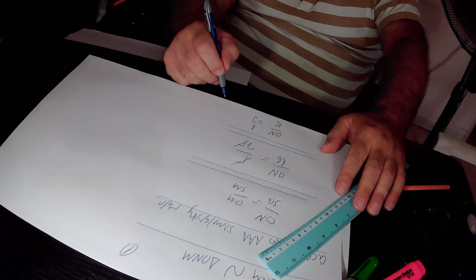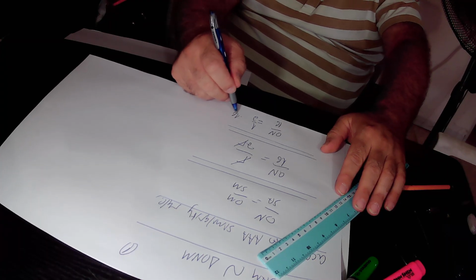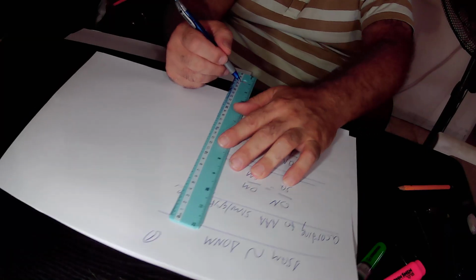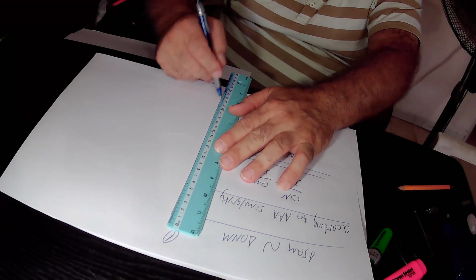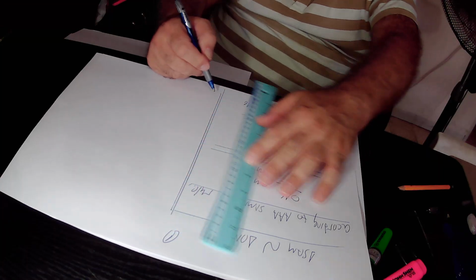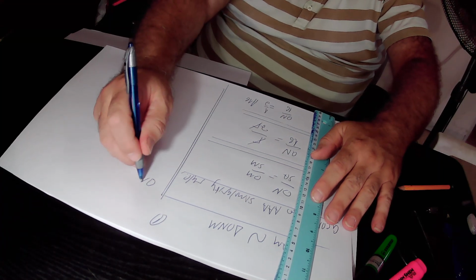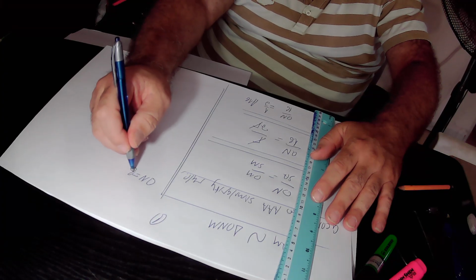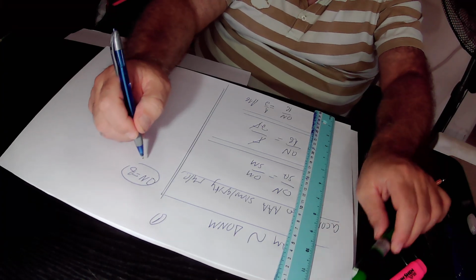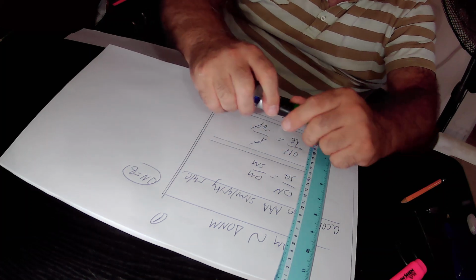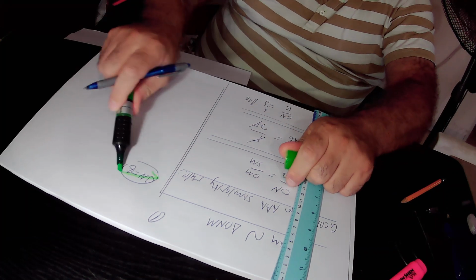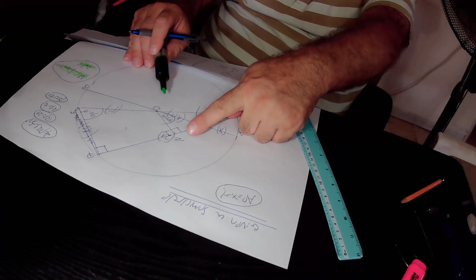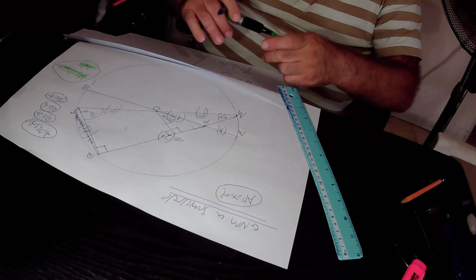Here we will multiply this equation by 16, and finally ON equals 16 over 2, that is 8. So we found out that the missing side ON is equal to 8 units in its length.